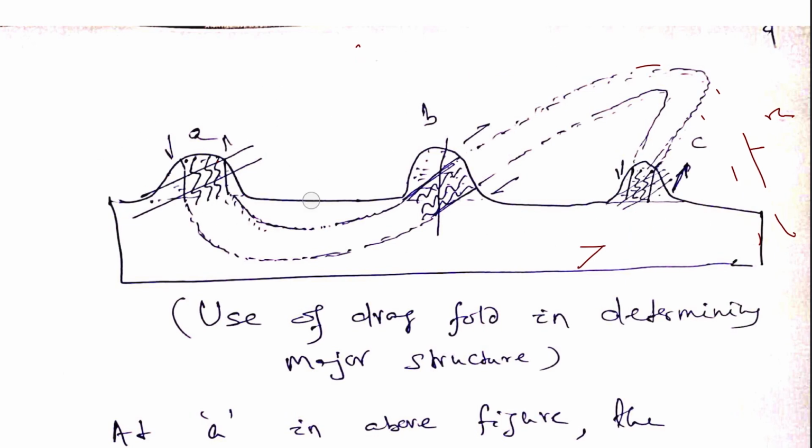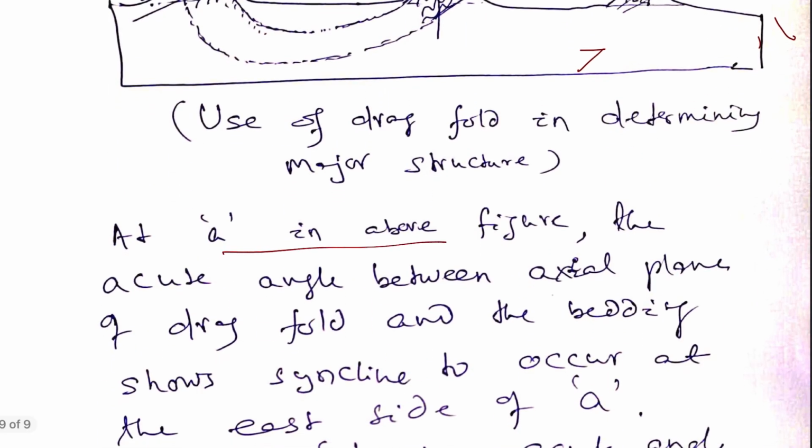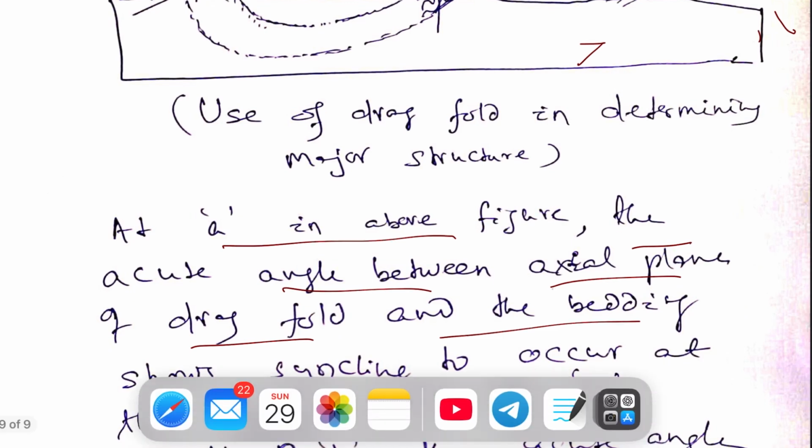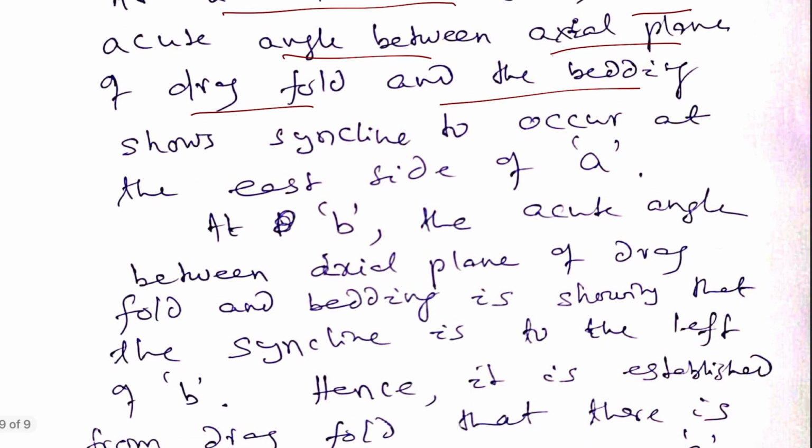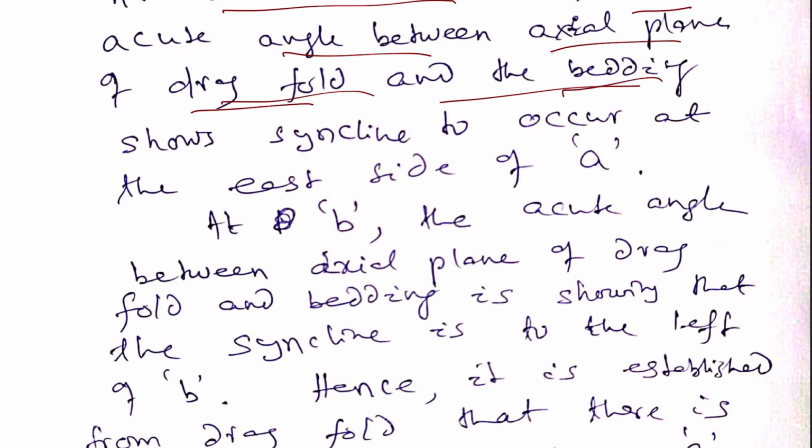The fact is that we have to establish the synclinal axis, then syncline, then anticline, and then we will look at the limbs, whether they are in right side up condition or are totally overturned. So this is the way how we establish how the bedding and drag fold relationship can deduce the major structure.